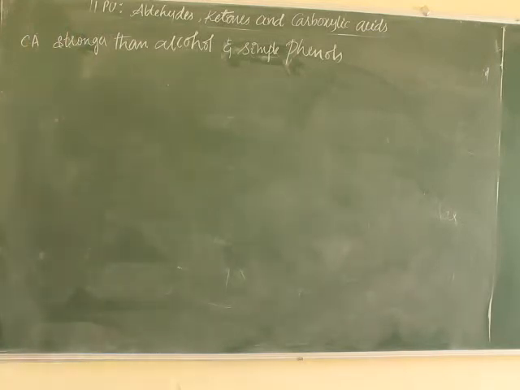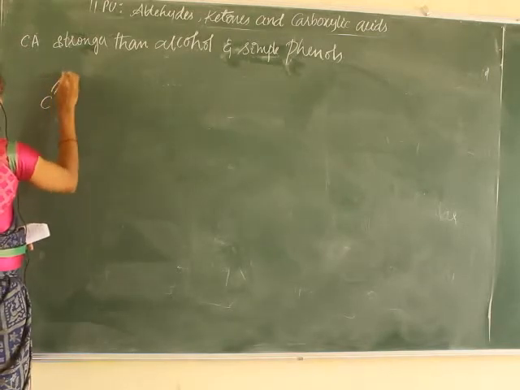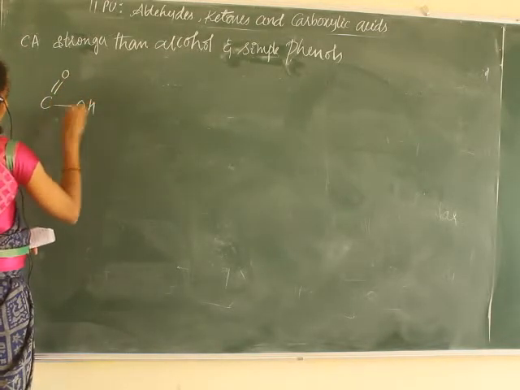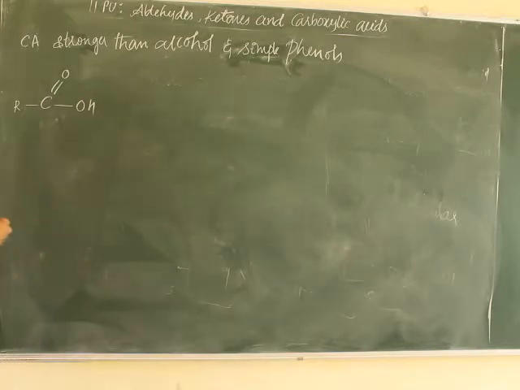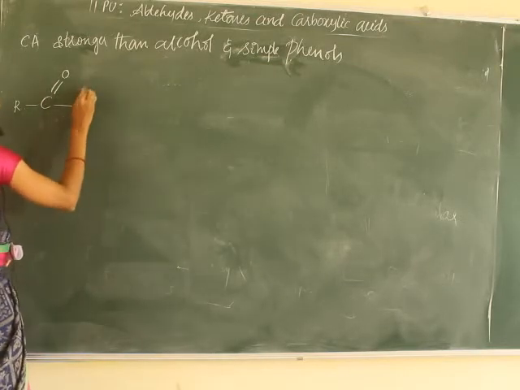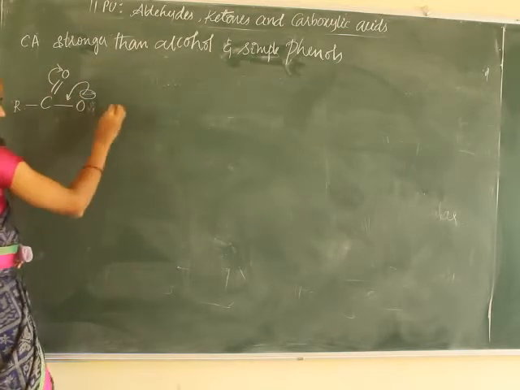First, carboxylic acids. In carboxylic acids, we have C double bond O, OH and R. The carboxylate ion formed, that is R C double bond O minus, is resonance stabilized, right?